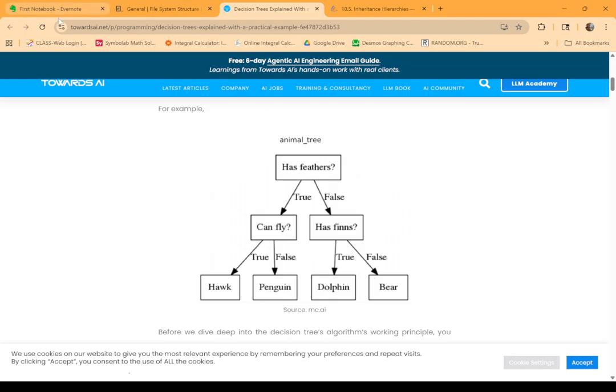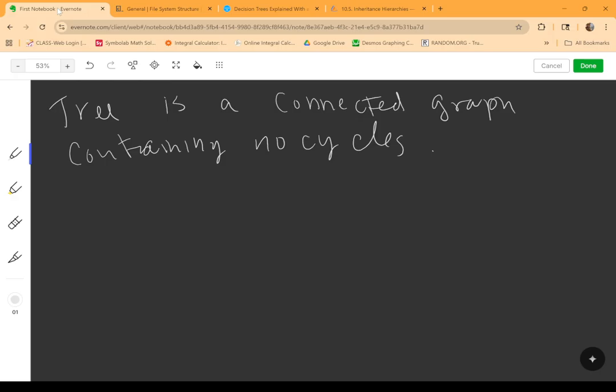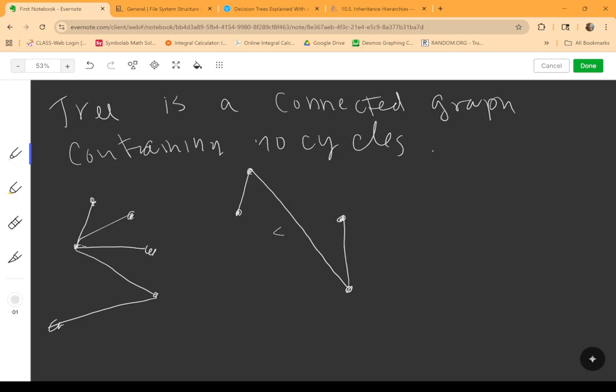But that's not really required. As we can see here, we can have graphs like these, these are also two examples of trees.